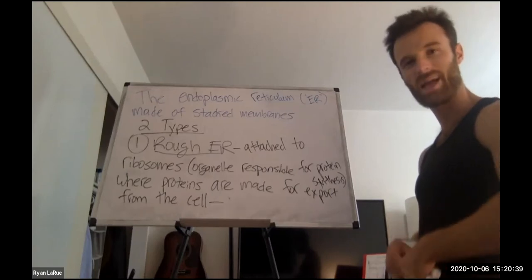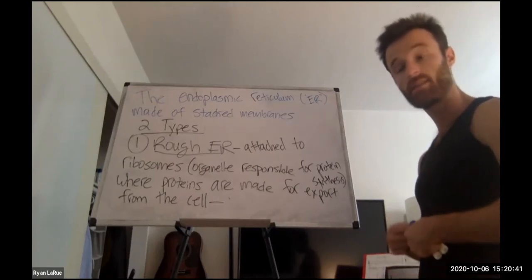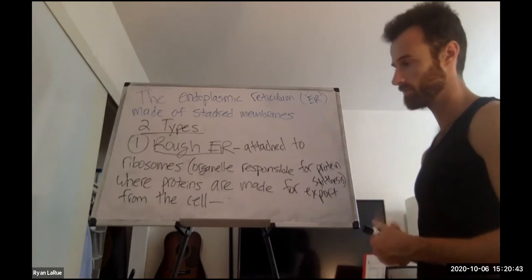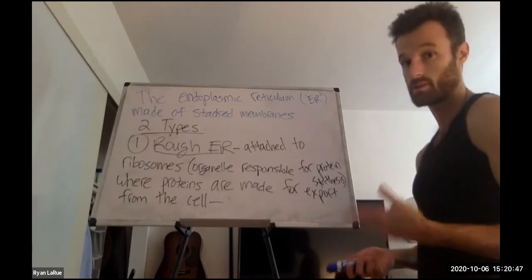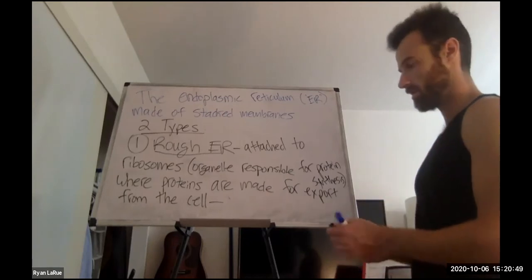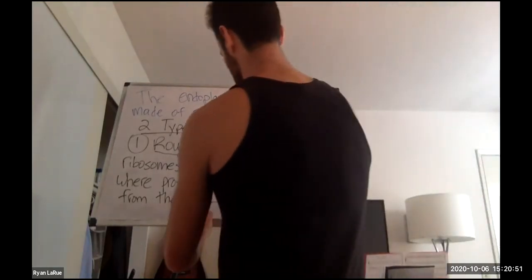There are cells lining the duct in the pancreas that actually secrete digestive enzymes, which are proteins, right? So digestive enzymes are a great example.